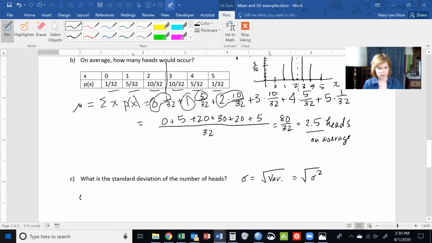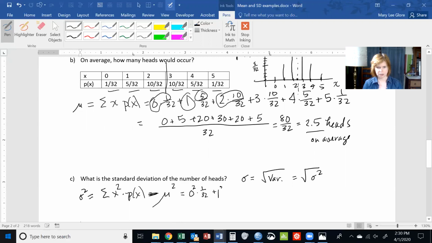All right, so sigma squared, the formula for that is that we're going to multiply all the x squareds times their respective probabilities and add them up. And then, once I get done with that, I'm going to subtract the mean squared. So there's my formula. Sum of x squared times p of x. The first x is 0, so I'm going to square it, and then take that times its probability. The next x is 1.